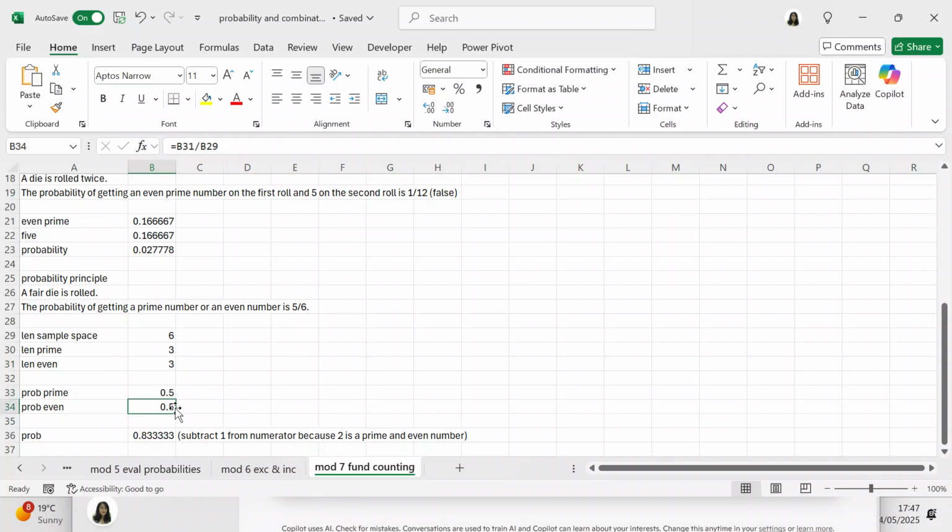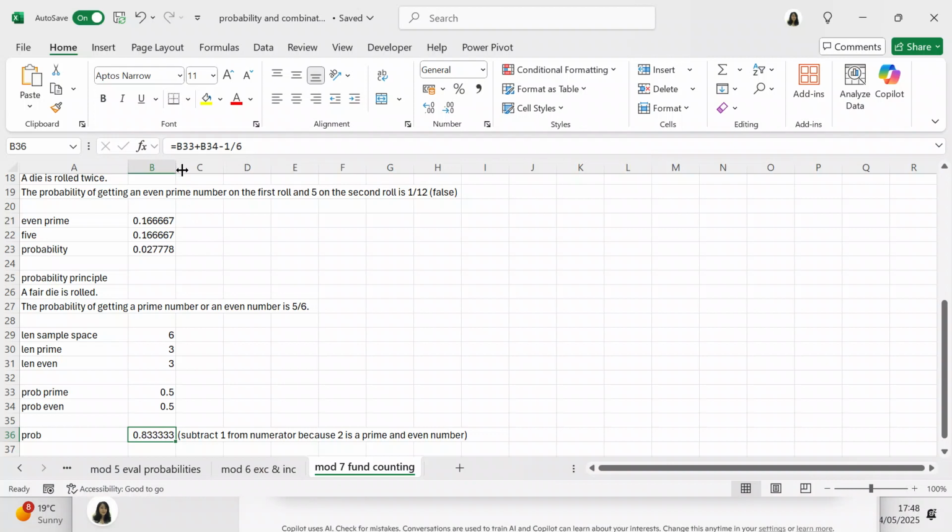The probability of getting an even number is B31 divided by B29, and so that's going to be 3 divided by 6 as well. And the probability of getting a prime number or an even number is going to be 5 divided by 6.